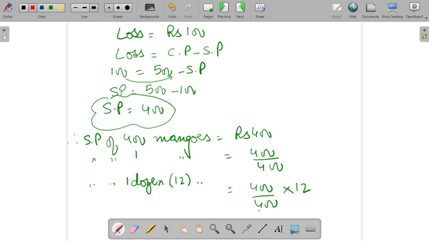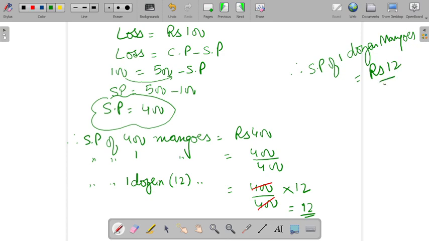So after cancelling it, what would be the result? Tell me. It would be 12. So now you have to write the answer. Therefore, the selling price of 1 dozen mangoes equals rupees 12.